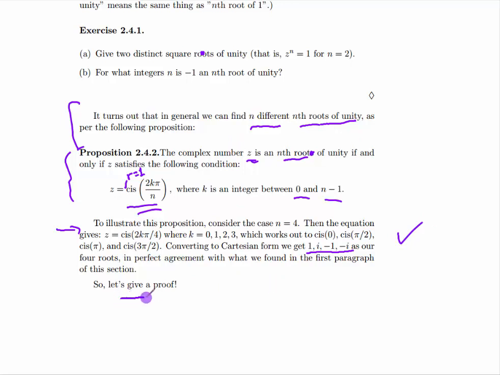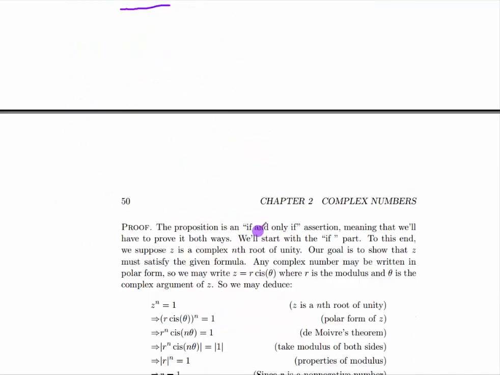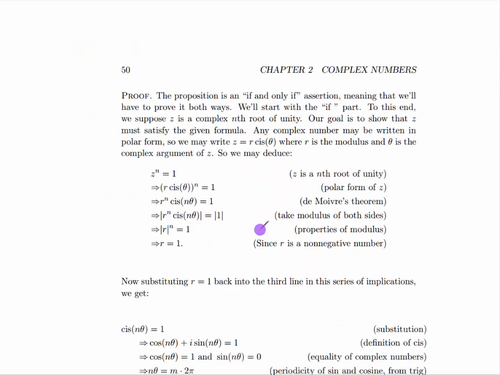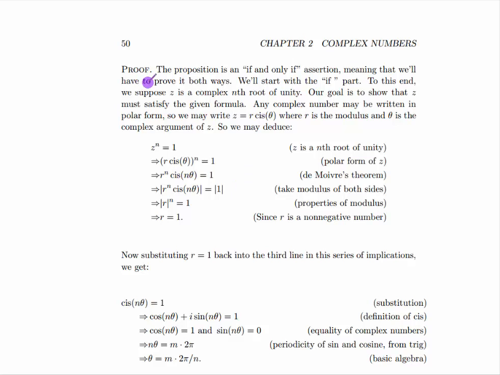All right, so let's give a proof. Now, since we're talking about roots and powers, it's not surprising that we're going to rely on De Moivre's theorem. So remember, we want to show that, let me just write it over here, an nth root has the form cis of 2 pi k over n.